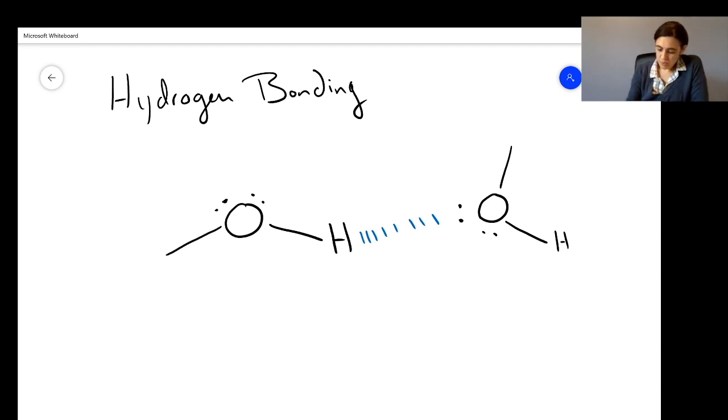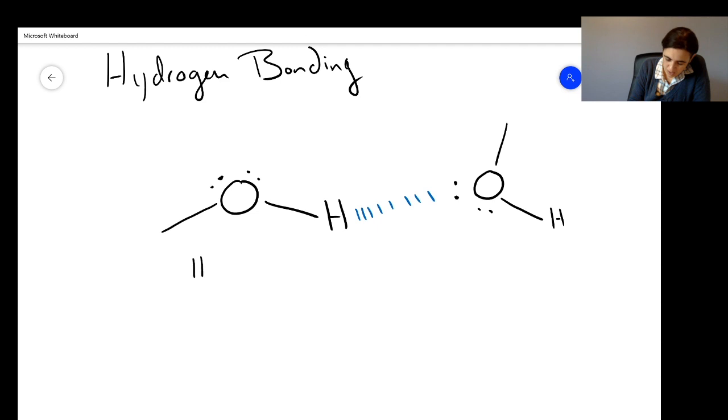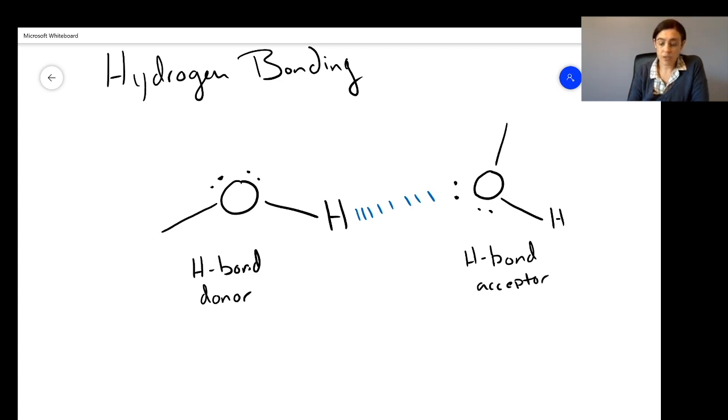And this is known as a hydrogen bond, shown as a dashed blue line. So in this case, we would use the terms hydrogen bond donor and hydrogen bond acceptor to describe the molecules involved in this interaction. So the lone pair is accepting the hydrogen in that hydrogen bond. The alcohol where the hydrogen is involved in the hydrogen bond is the donor. It's donating that hydrogen into the interaction.